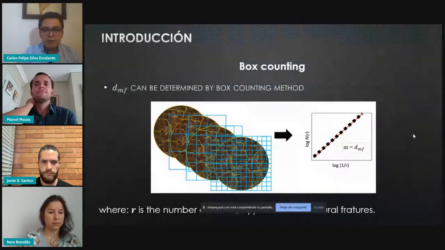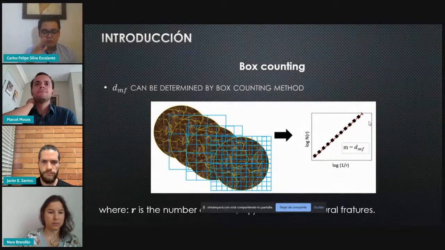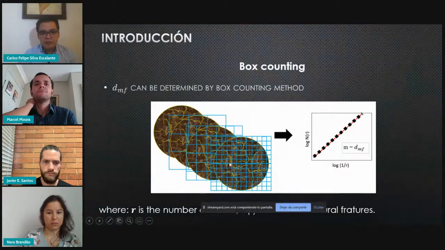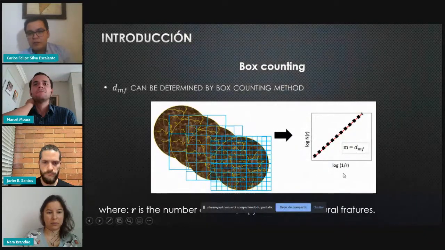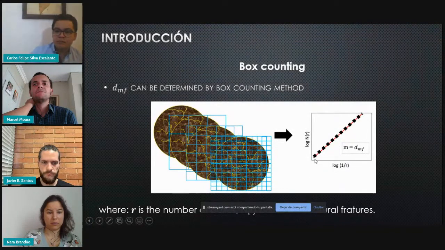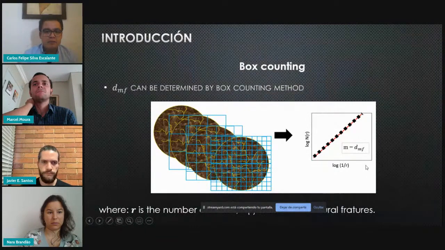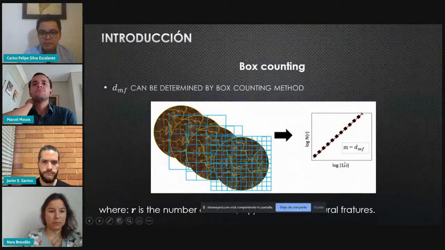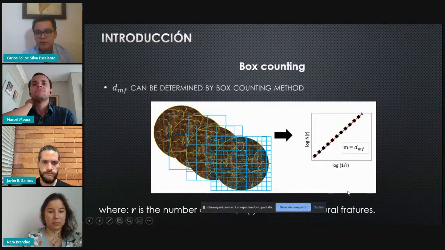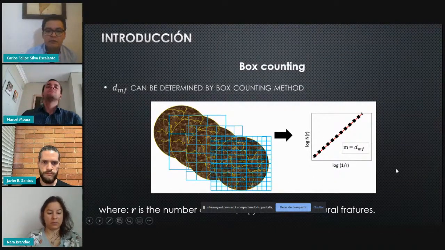This method puts a grid over the core face, increasing the number of boxes, and we count the number of boxes with natural fractures and plot this way. The slope is the same as the fractal dimension. R is the number of boxes, and as a function of R is the number of natural fractures.